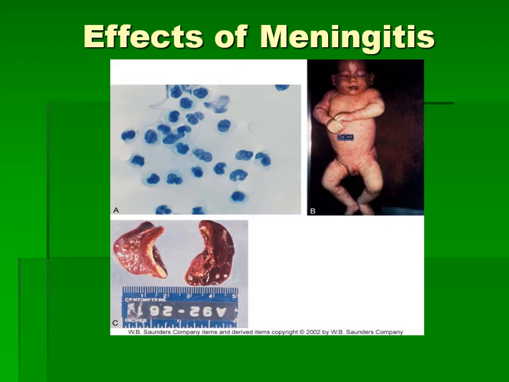And then C is showing you one of the complications from having a severe bacterial infection that could possibly lead to meningitis, and this is called Waterhouse-Friderichsen syndrome, where you have an infection that goes into the adrenal glands, and the adrenal glands hemorrhage due to the meningococcal infection. So that's another complication.